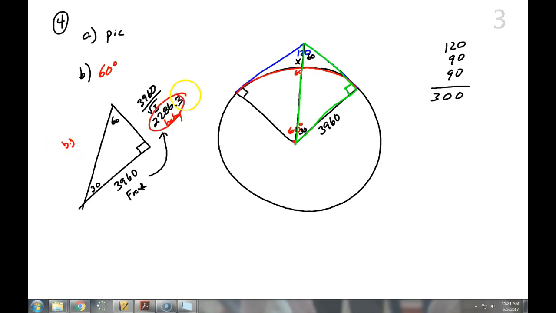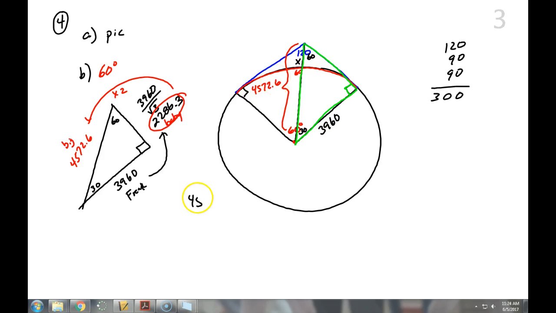So I can just take this number and times it by 2, which gives me 4572.6. So that is the length of this line, 4572.6. Now I can figure out what x is.